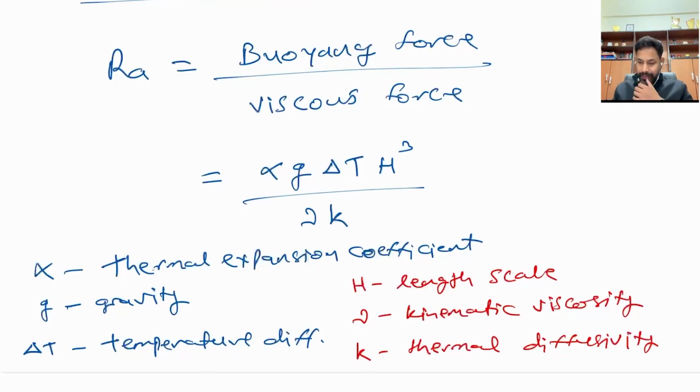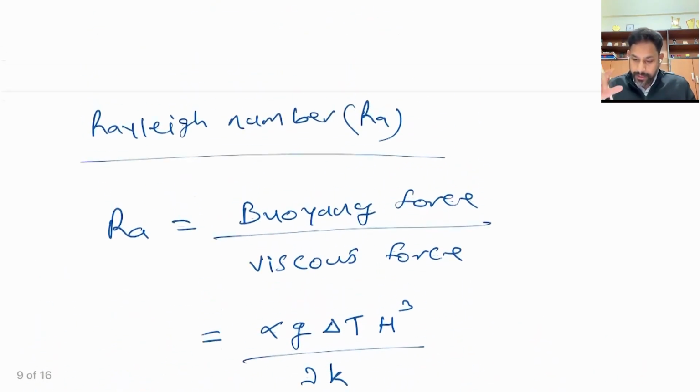So these are the different parameters we have, where H, the length scale, is the vertical length scale.